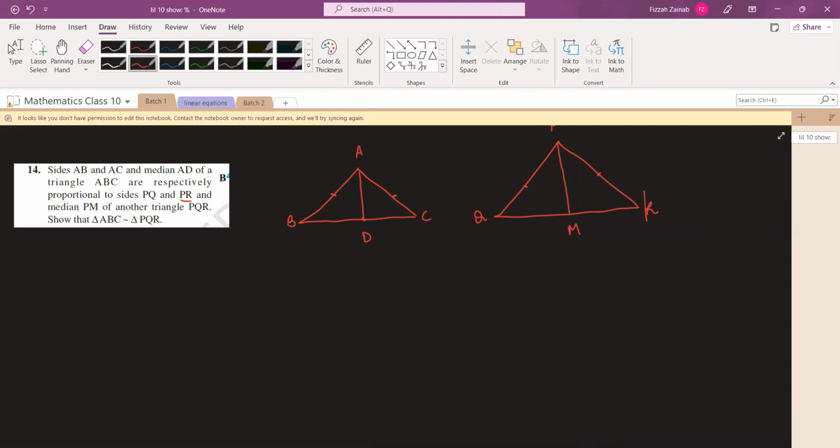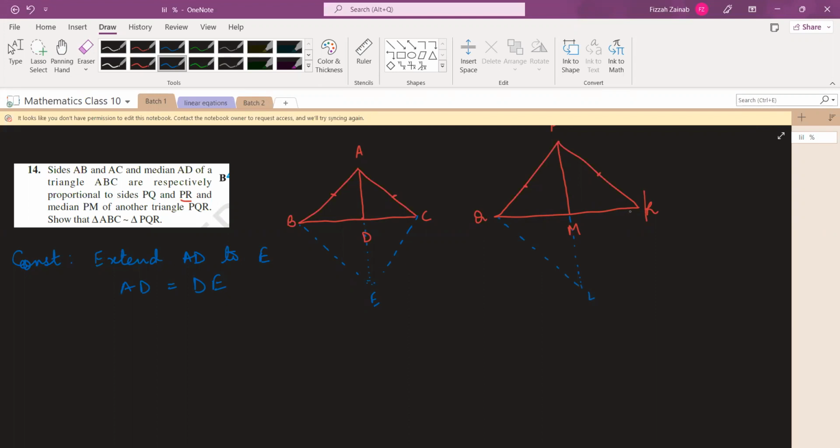We extend this side AD, using a different pen, such that AD is equal to DE, where I call this point E. So I'm extending AD to E such that AD is equal to DE. And similarly, I'm extending this also, and let me call this point L.